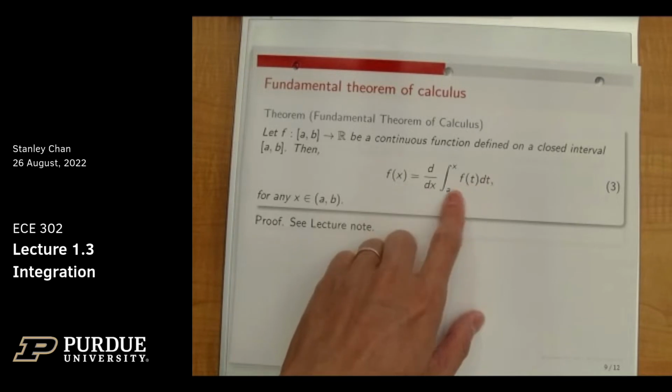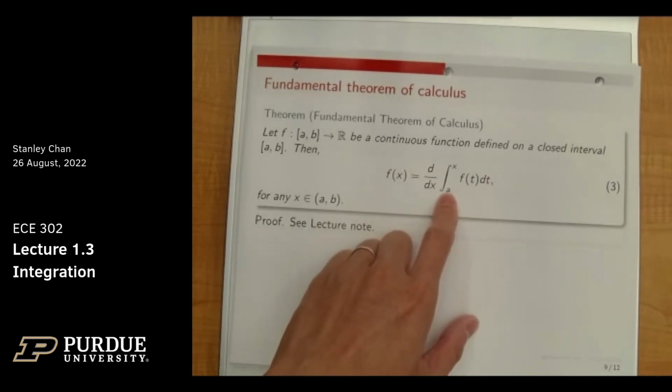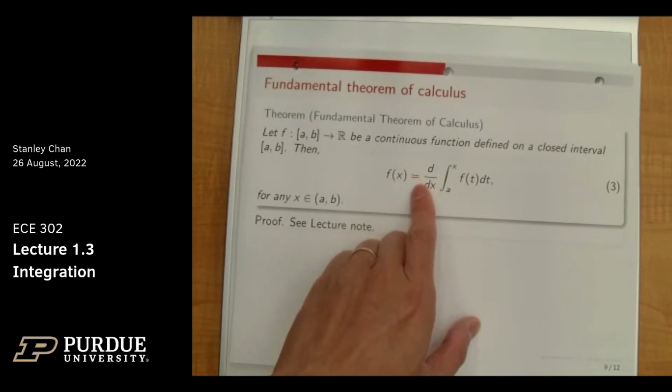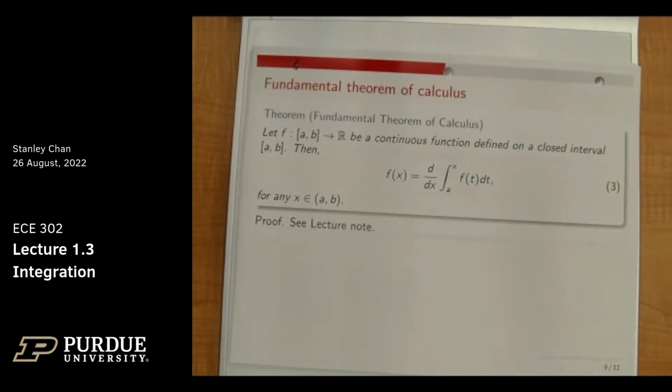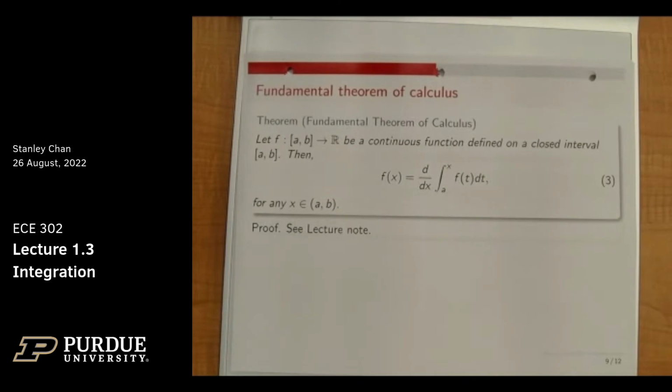So you integrate this function from a scalar to a variable x, and then you take the derivative of this guy. It's going to give you f(x). That's called the fundamental theorem of calculus. Now, again, you ask, why do we need to learn this? When are you going to use it? Very soon, in Chapter 4, we're going to talk about the cumulative distribution function.